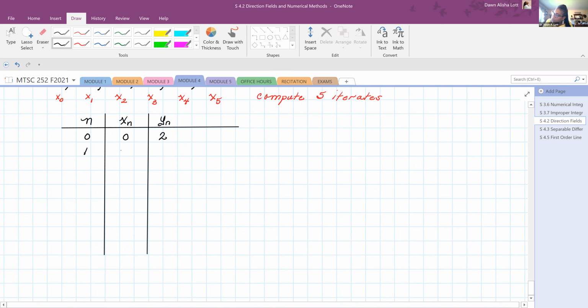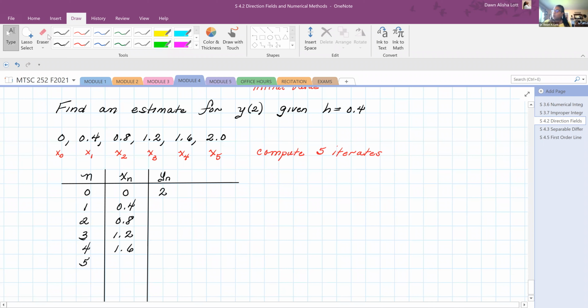Then when n is 1, I'm at x1, and that's 0.4. When n is 2, I'm at 0.8. When n is 3, I'm at 1.2. When n is 4, I'm at 1.6. And when n is 5, why don't I make this more interesting and say y of 2.4. So now in order to get to 2.4, I need to do 6 iterates.